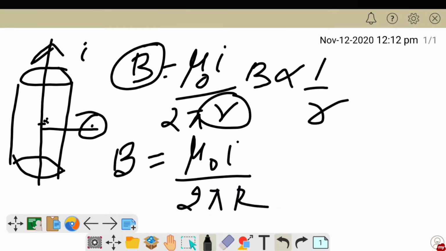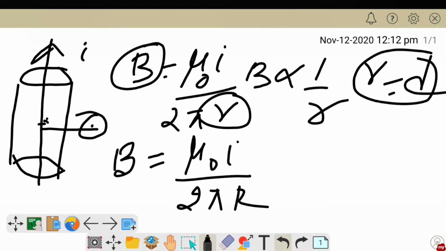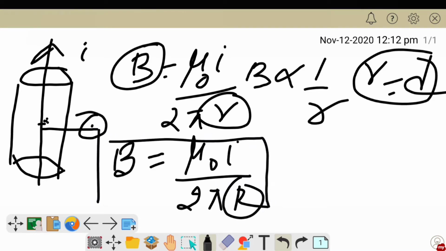Now here in the question this distance is given to be d. So this r is d. The radius of the cylindrical conductor is r. So here the magnetic field is a constant value on the surface.